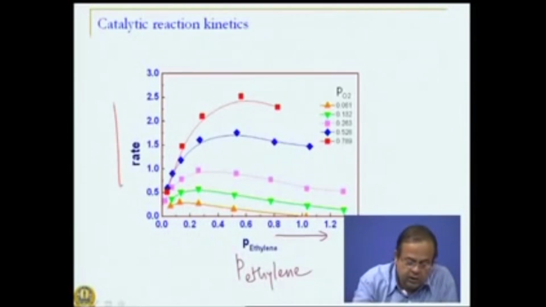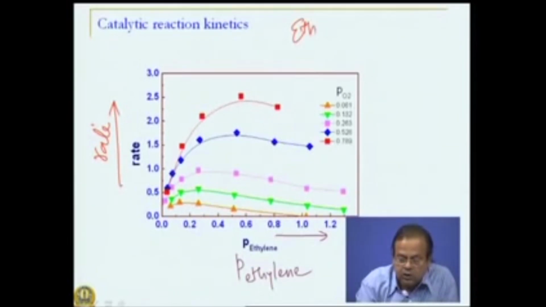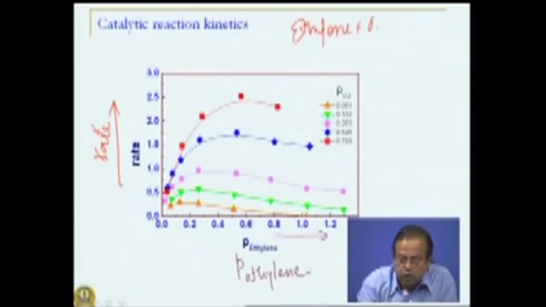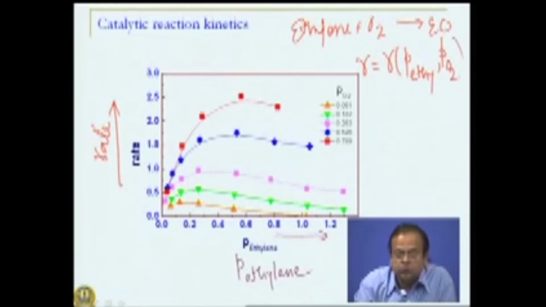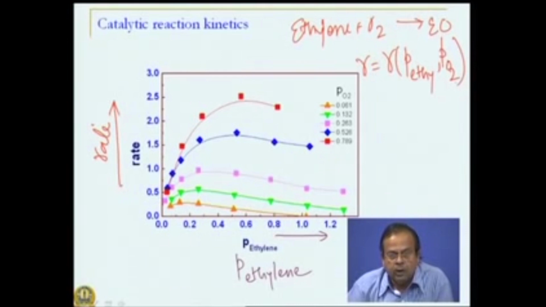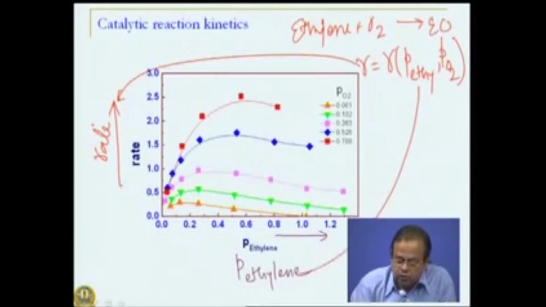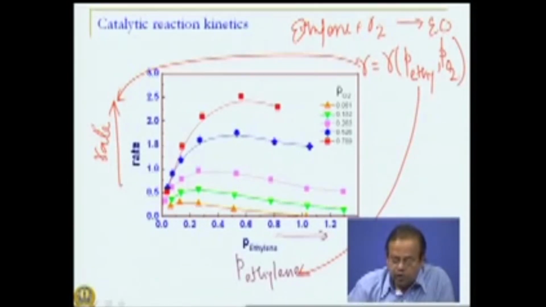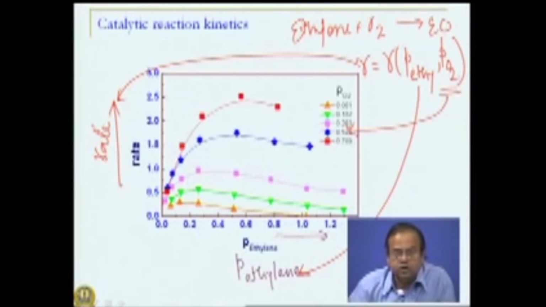Our reaction is ethylene plus oxygen giving rise to ethylene oxide. The rate depends on the concentrations of both ethylene and oxygen. So, what is plotted here is the rate as a function of ethylene concentration at different values of oxygen concentration.